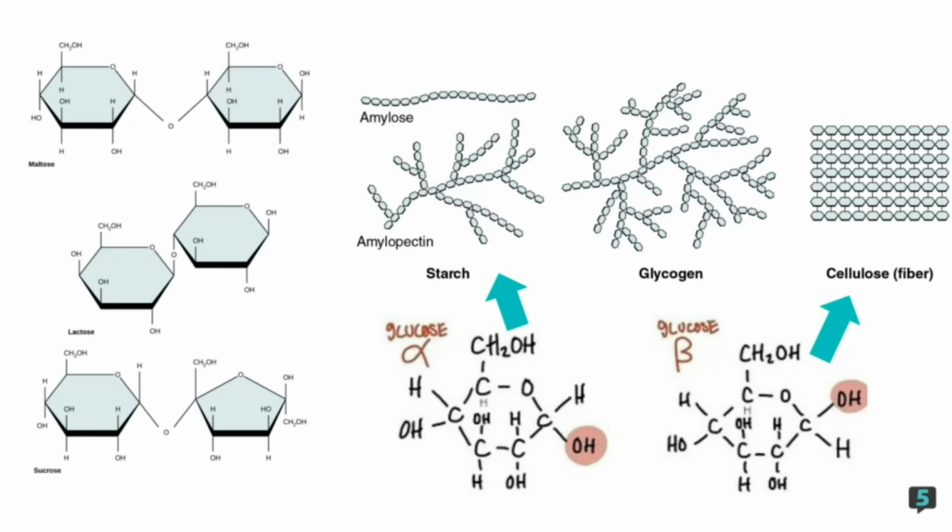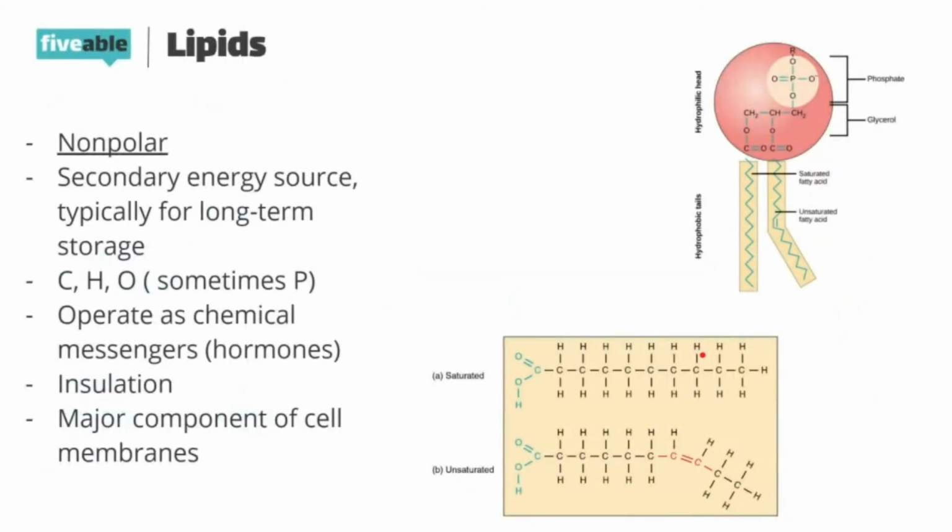So we have still glucose, still sugar, but it looks different, and so it's going to have different linkages. Cellulose has beta linkages, starch has alpha linkages, and that's why we don't have beta amylase, so we cannot break those beta bonds. All right, lipids, take 30 seconds to read.